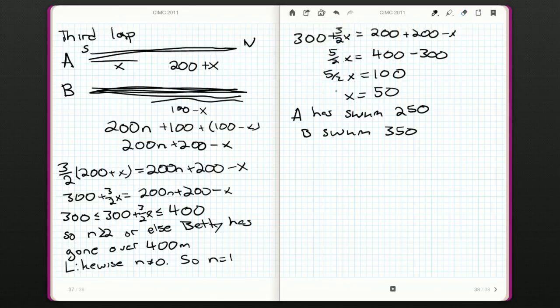So 5/2 x, we should get x equals 40. So Alice has swum 240 and Betty will have swum 360, and that makes a lot more sense. 240 times 1.5 is 360. So we're doing a lot better there. Okay.